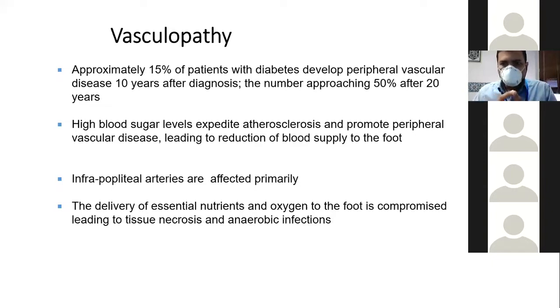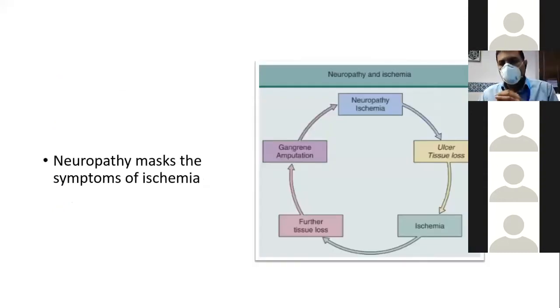So the first challenge we see is due to neuropathy. We have been taught in medical school that patients present with intermittent claudication, or with critical limb ischemia, where the patient has rest pain or gangrene.